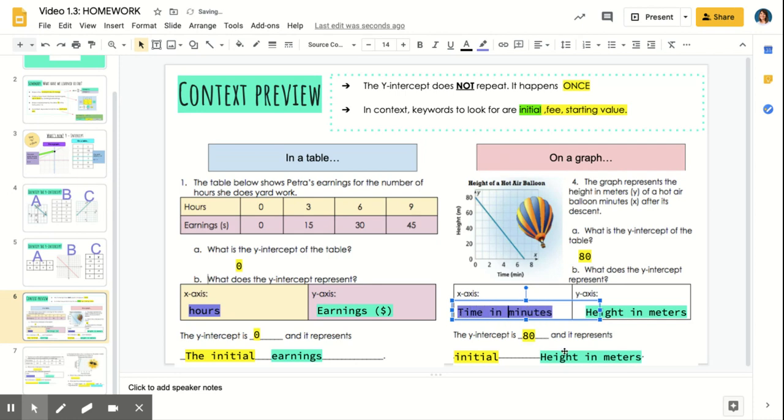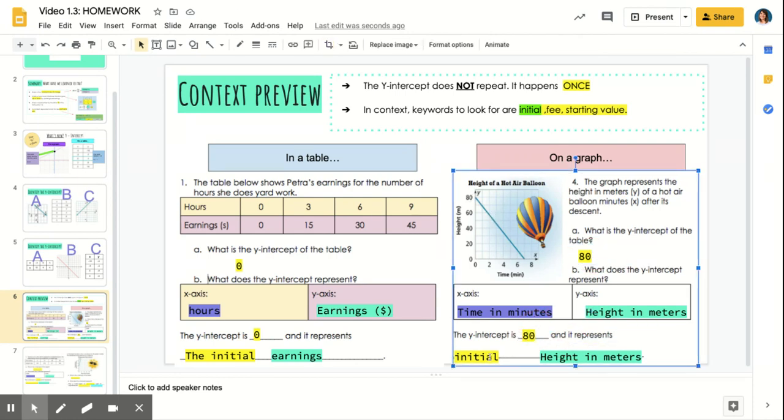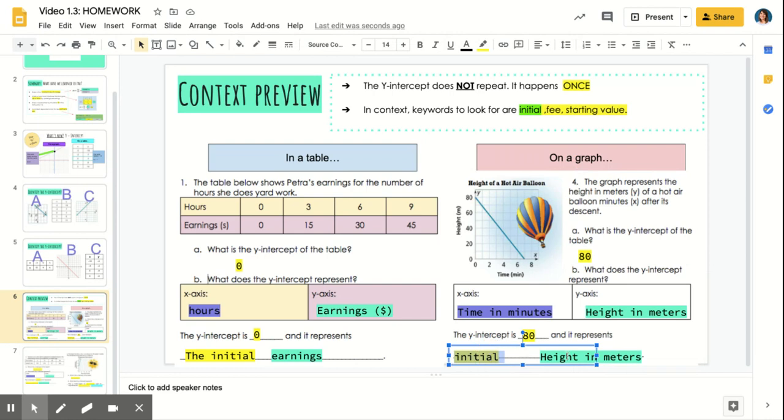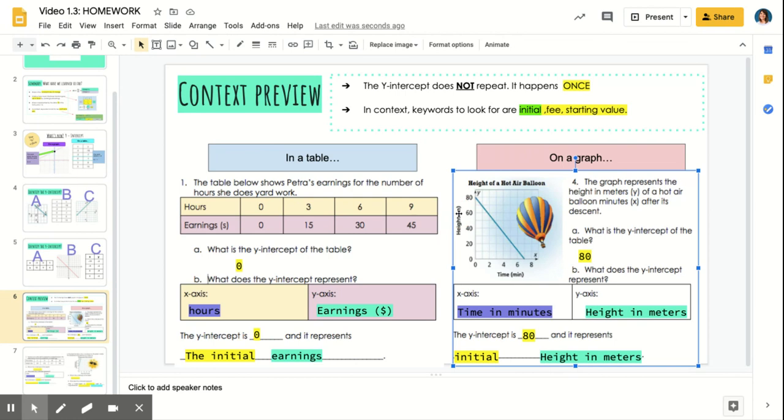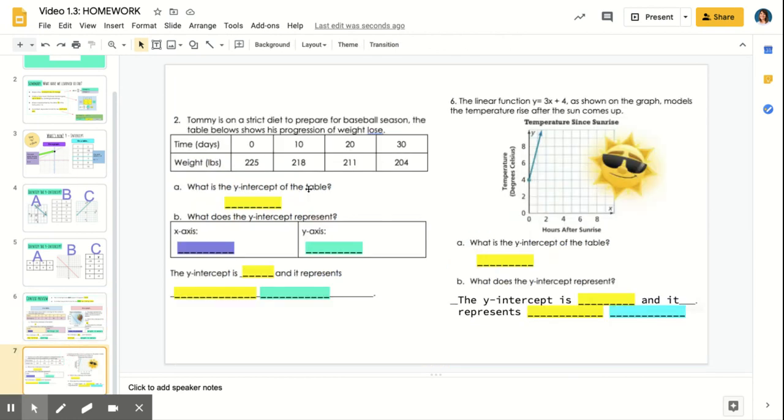Time in minutes. Okay, I'll go over that again. So the y-intercept is 80. I got that from this number. That's right here. And it represents the initial keyword, height in meters, my y-axis, and I get that from right here. All right, let's give it a go one more time before we close this out.